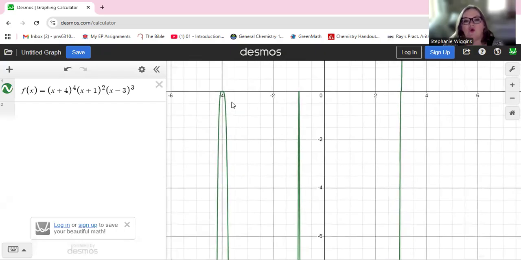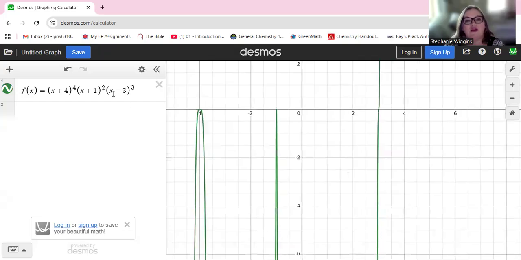Okay, so notice that at x plus 4, the multiplicity is 4. So that means that it's even, and therefore it's going to touch the x-axis and then bounce back. And same here, x plus 1 squared, the 2 is even. So at the intercept -1, 0, the function comes, touches the graph, and then bounces back.